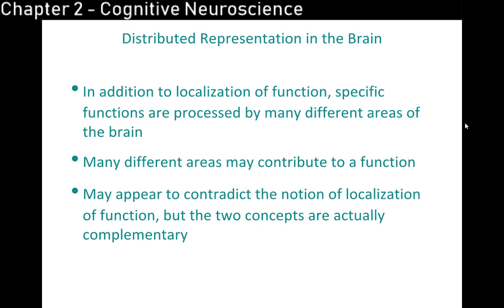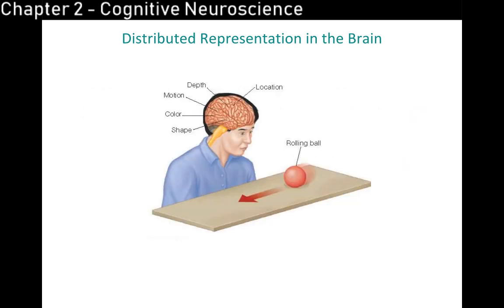And so basically the brain has to co-opt a lot of different areas to be able to think about more complex sensations. And this example that you'll see in the book talks about all the different things that our brains are required to do in order to comprehend a ball rolling across a table.